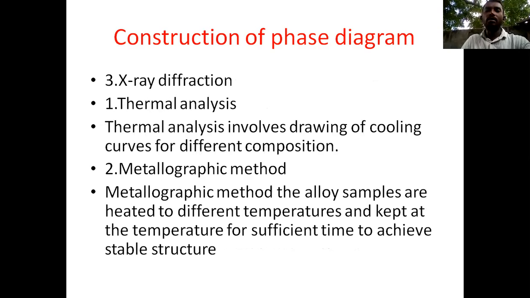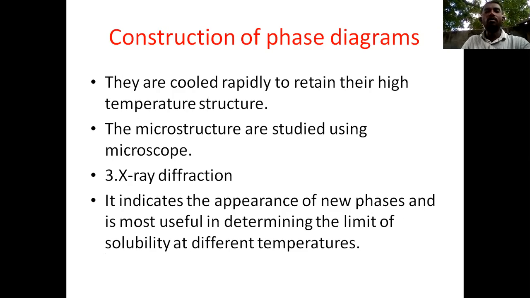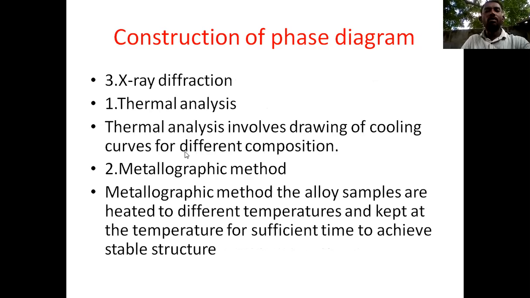After that we cool that metal, and it automatically retains its high temperature structure. Automatically we can get the structure. How can we see these structures? Only by going to the microscope. The microstructures are studied by using the microscope. So it is the metallographic method.